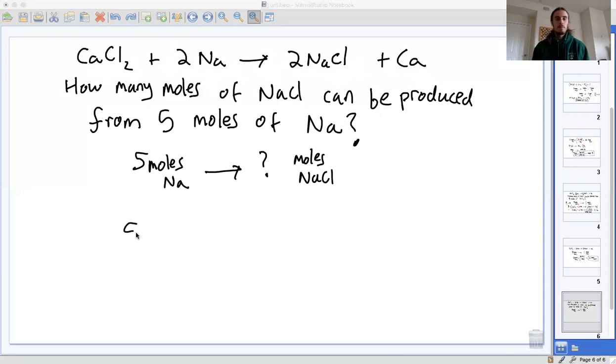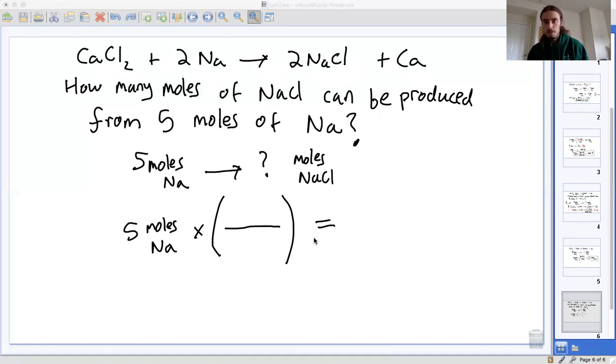So 5 moles Na, going to multiply by a conversion factor. And remember the two things of a conversion factor that are important. The top has to equal the bottom. They have to be equivalent. And the units have to cancel so you end up with the units that you want, right? And so we want moles of NaCl.